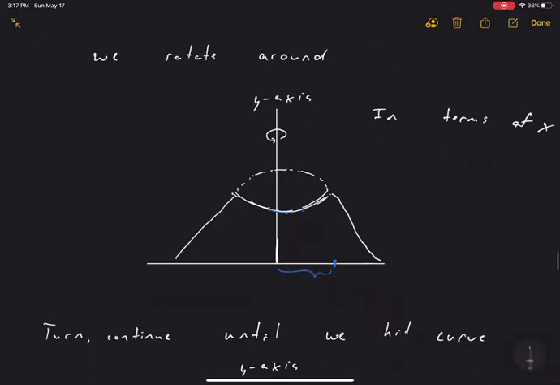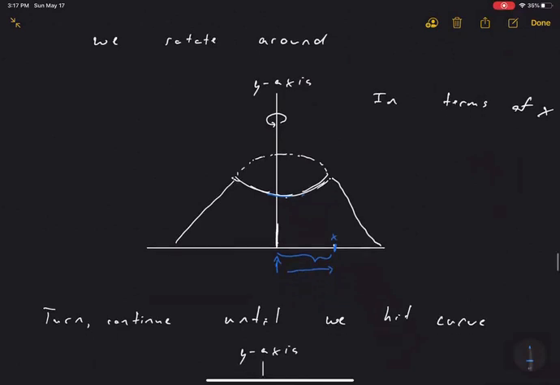It's just whatever this distance is. If this is my y-axis, then this distance is just whatever this x coordinate is, right? It's just that point on the x-axis. So in this case, my radius is just x.